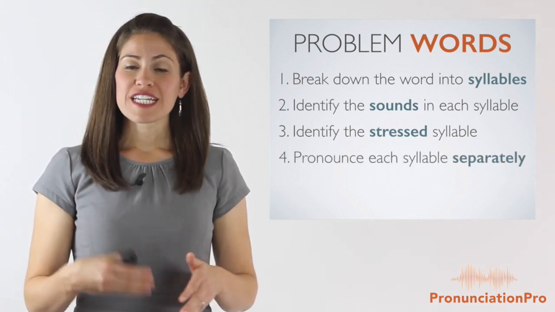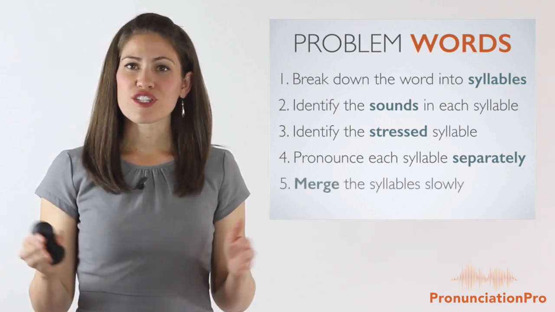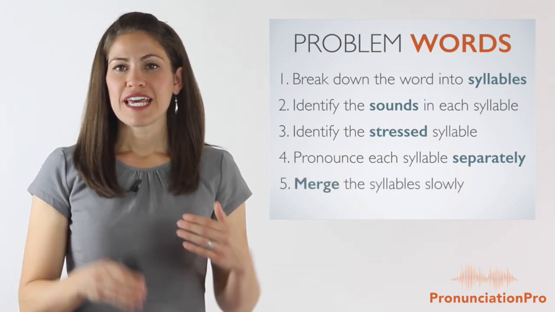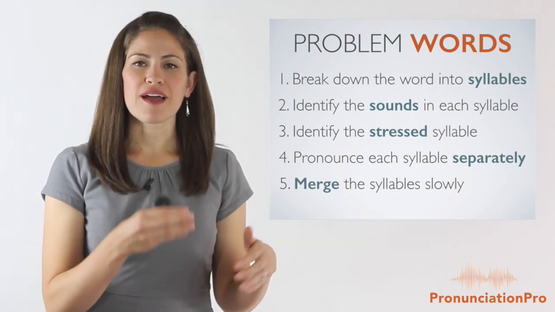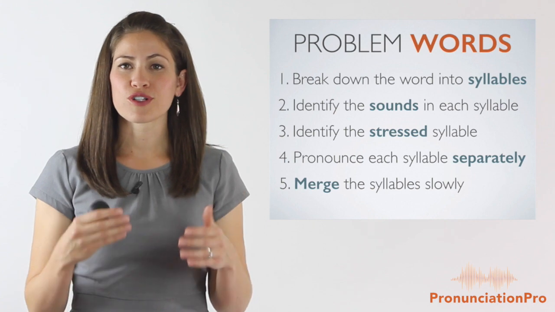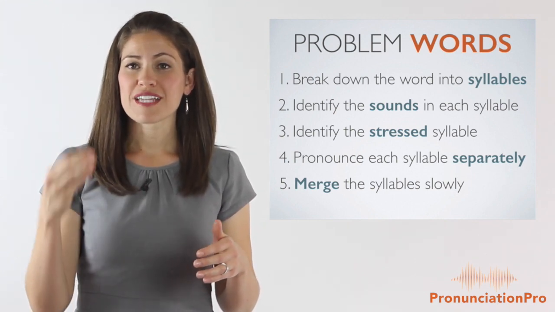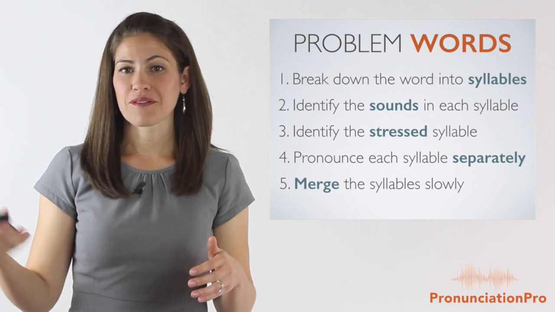We want to pronounce each syllable separately, and then start slowly merging those together. It might take a little while where you need to slowly say this over and over again, but eventually your mouth will get comfortable with that movement, and then you can speed it up. Okay?